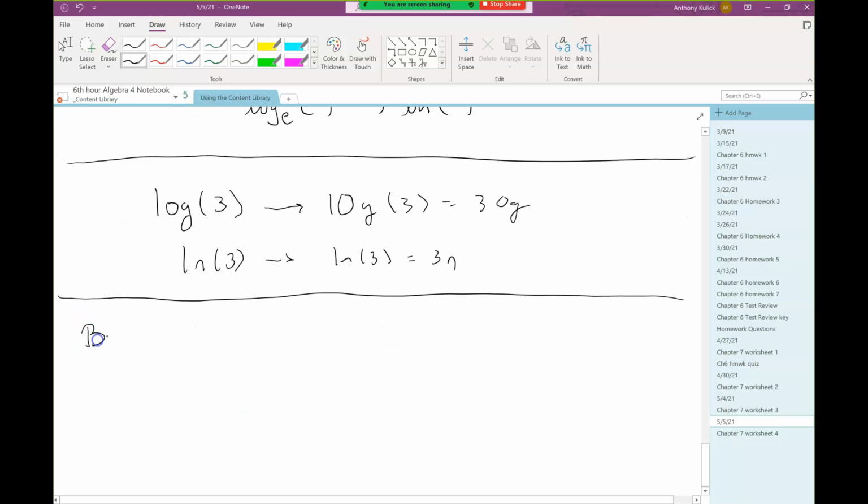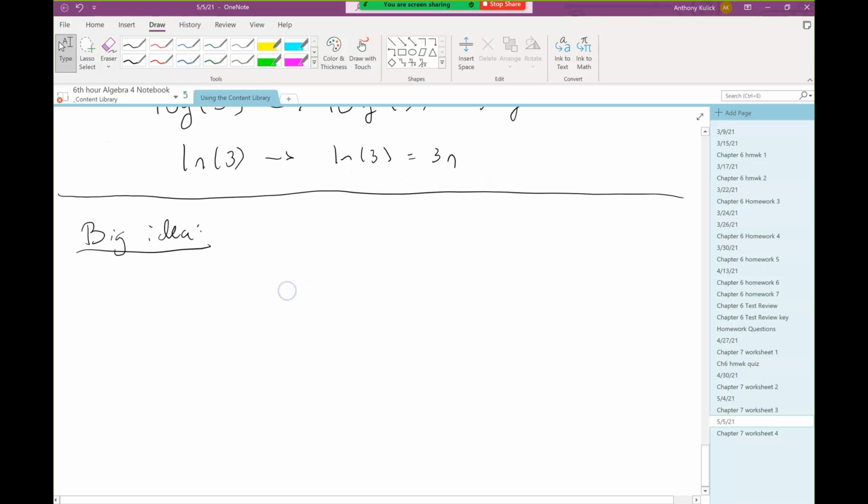So the big, most important idea from this lesson is that we've now established a new inverse pair of operations. Throughout your mathematics education, whenever you've learned one operation, shortly thereafter you learn its inverse operation, the one that undoes it.